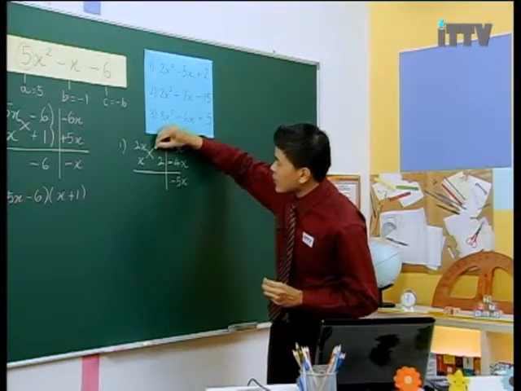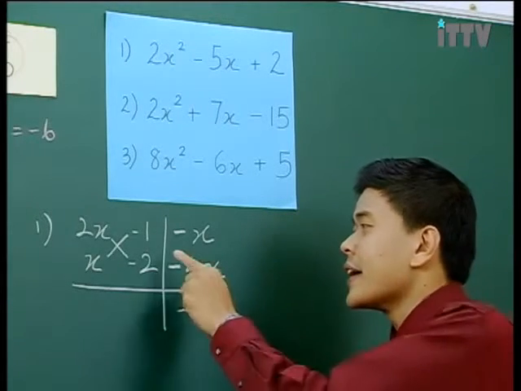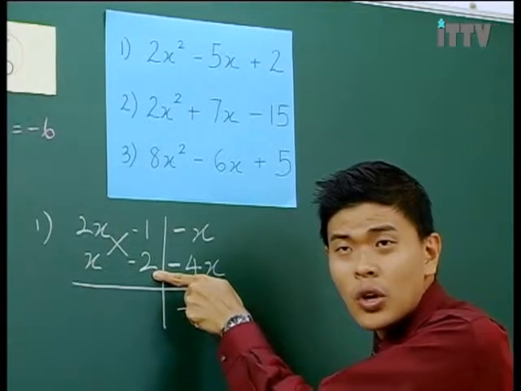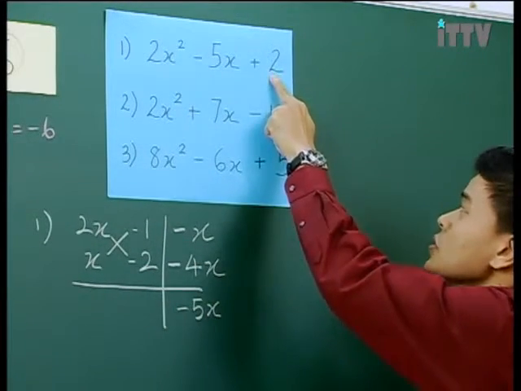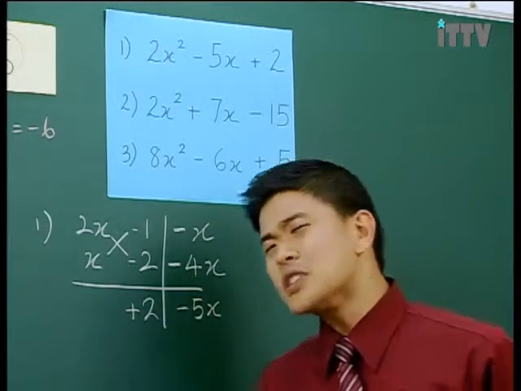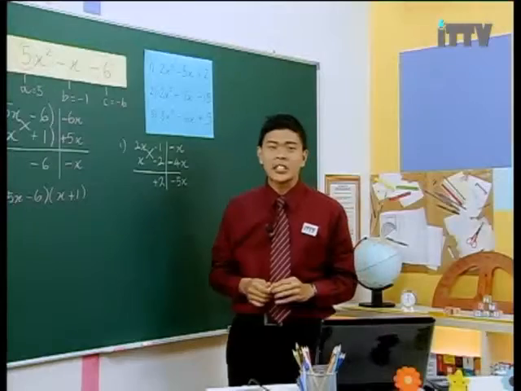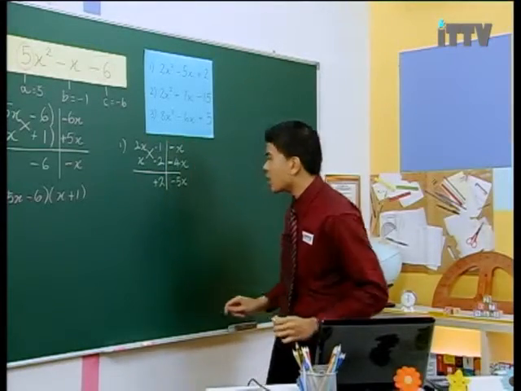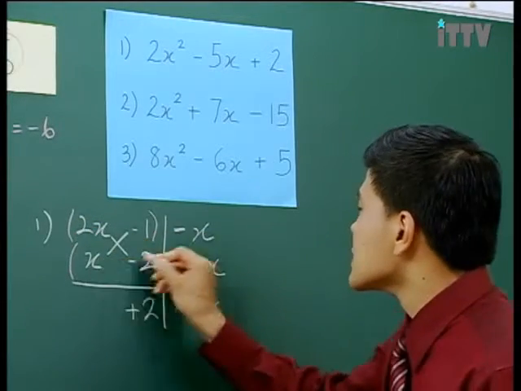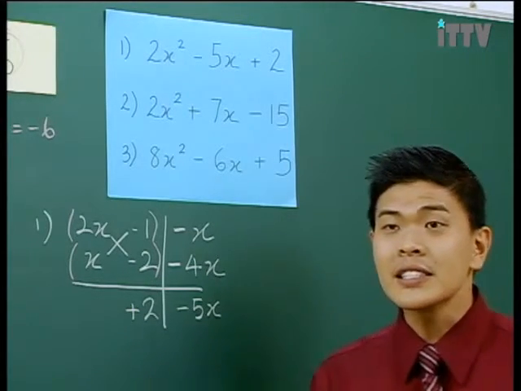Transfer the signs and put them in a tiny corner here, and identify the multiplication of minus 1 and negative 2. Will it give you positive 2? Well, spot on. Right, so once you get both this right, and you manage to check it with the original quadratic expression, take a look at the column on the left. The factors are 2x minus 1 and x minus 2.